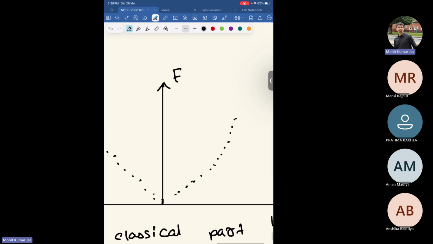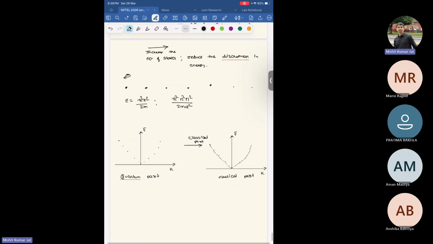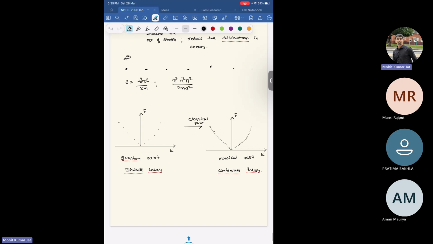You can add more states so that there is no discreteness and it becomes almost continuous. So this is discrete energy, and this is continuous energy. There's a difference.